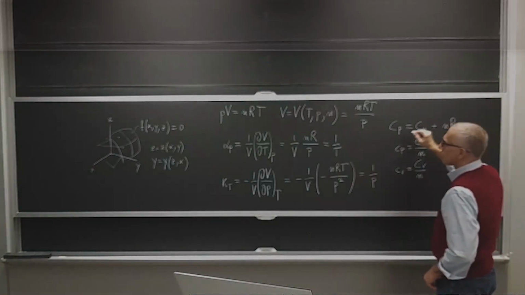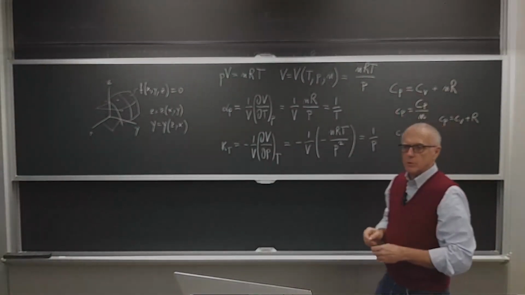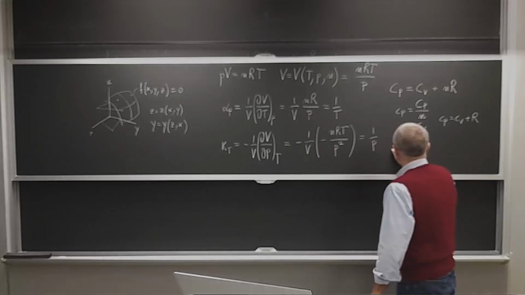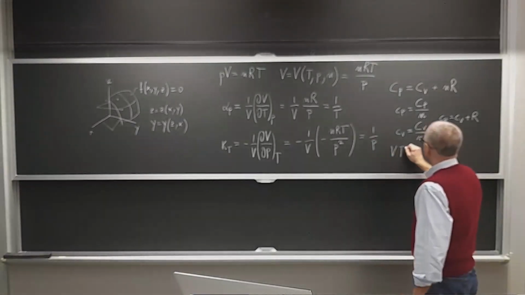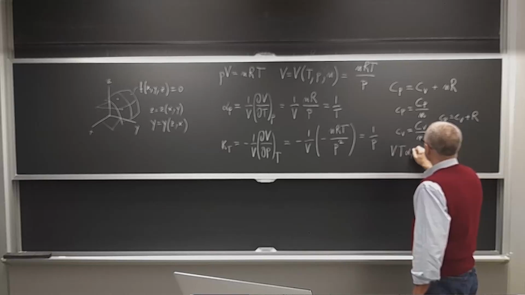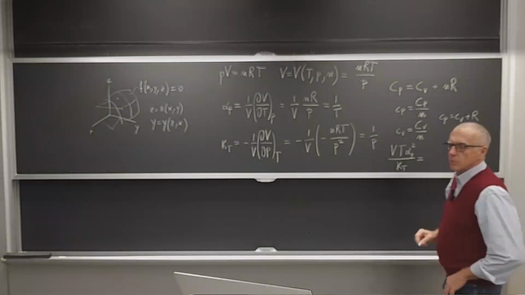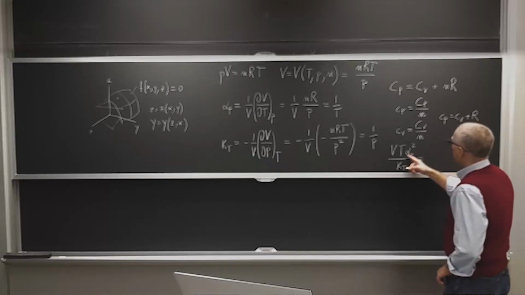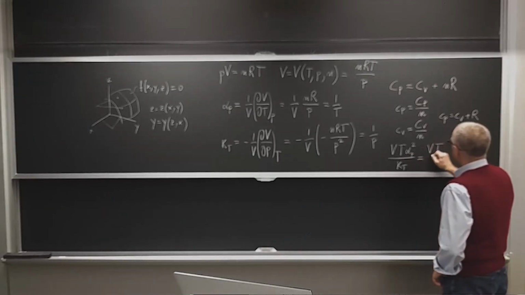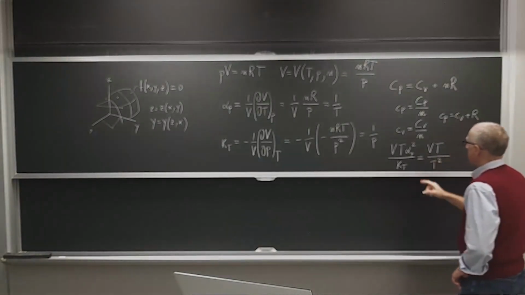But let's prove it, because we said that we have it there. So we have to compute Vt alpha squared over kappa T. All right, which is this term here, which is the difference between the two capacities. So alpha, so that's Vt. Alpha is 1 over T, so I got T squared here.